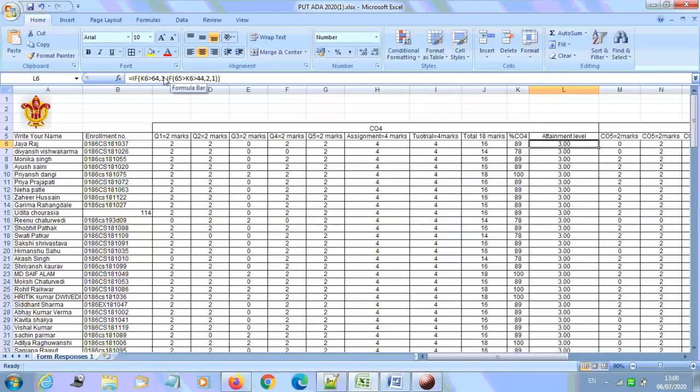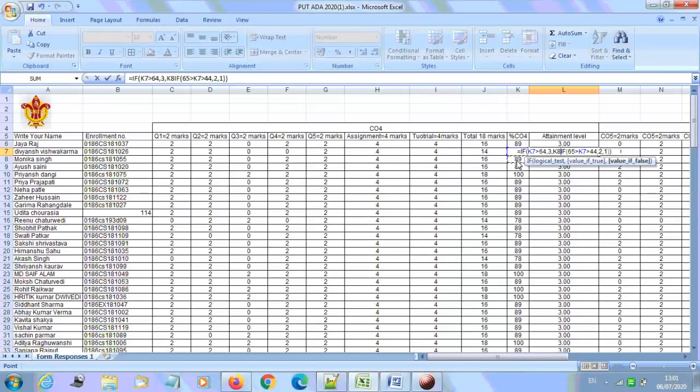If the percentage of this student is 89, it is above 65, so he or she is going to get attainment level 3. The formula says that if the value is greater than 64, meaning 65 or more, then he or she gets attainment level 3. If the marks are between 45 and 65, he or she gets attainment level 2. Otherwise, he or she gets attainment level 1. By applying this formula you get 3. See, the marks percentage is 78, the attainment level is 3. It can be easily verified.